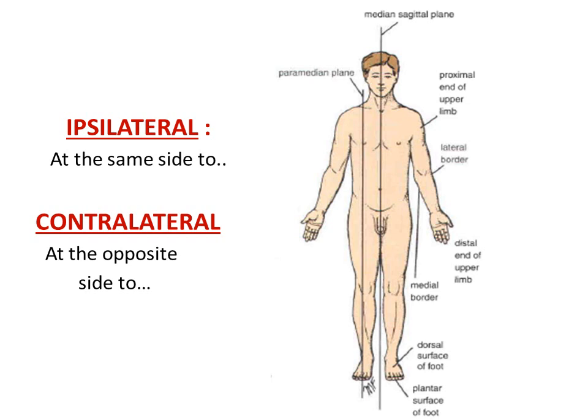For example, I move on the same side: upper and lower, but the same side, left. Contralateral means opposite. I move right upper and left lower. That means opposite.